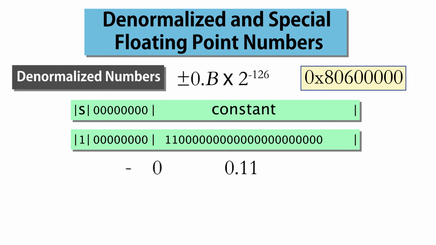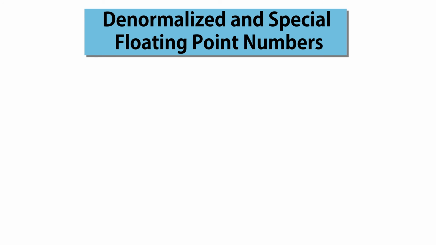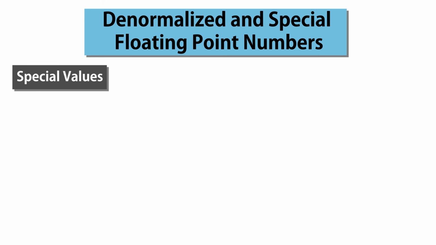Putting this all together, this represents the real number minus 0.11 times 2 to the minus 126. And putting this into standard scientific notation, this gives us minus 1.1 times 2 to the minus 127. Note that we couldn't represent this in normalized form, since the exponent is outside the normalized range of exponents for 32-bit floats.